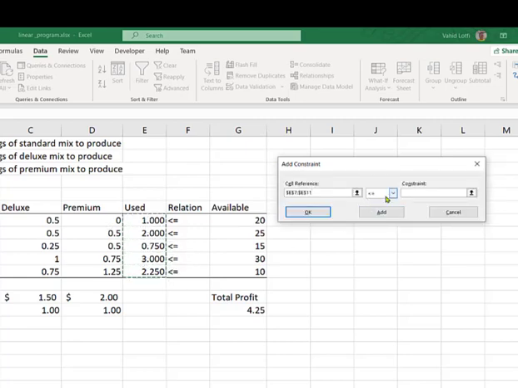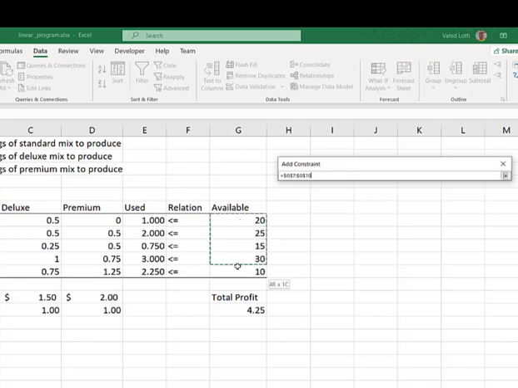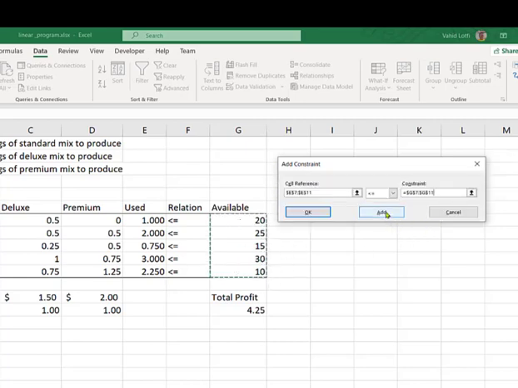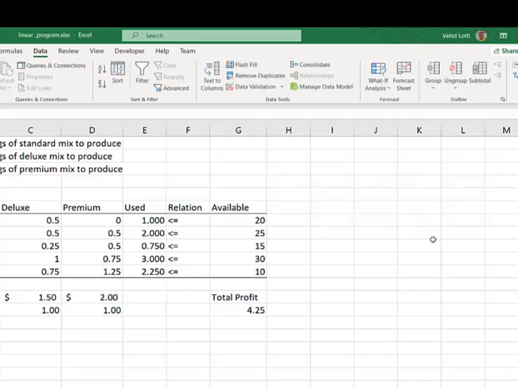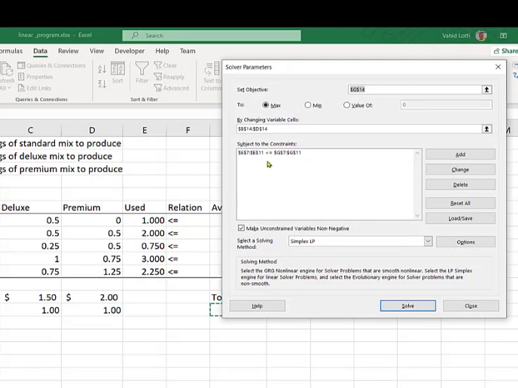Because the relationships are all less than or equal to, I can do it in one shot. If these constraints had different relationships, I would have to add the constraints one at a time. And then of course lastly, my total available, or the constraint. And I click add and then say cancel. So here are all 5 constraints entered.